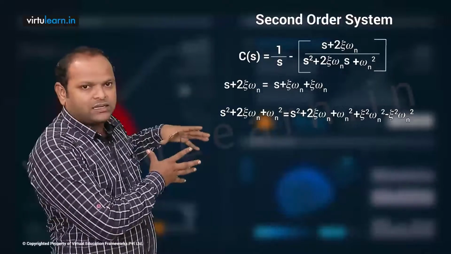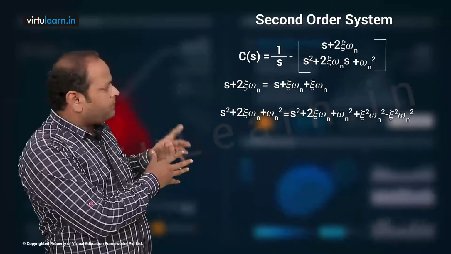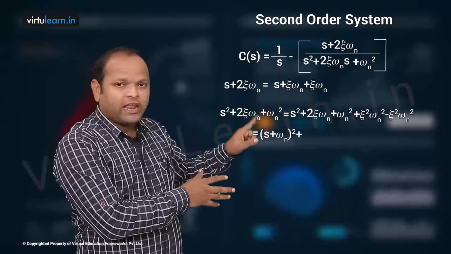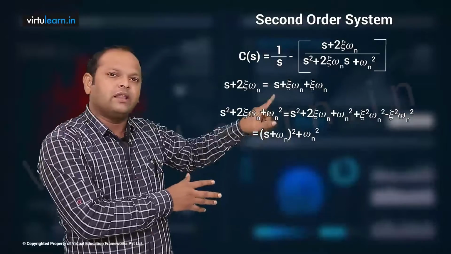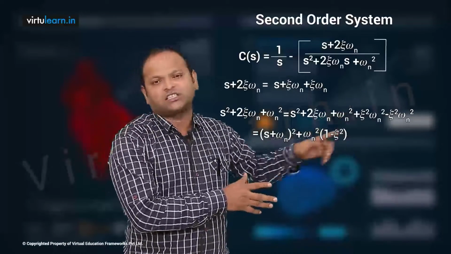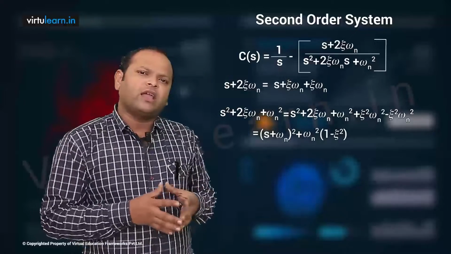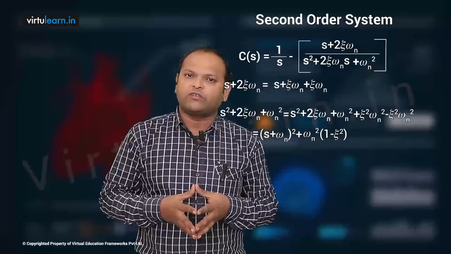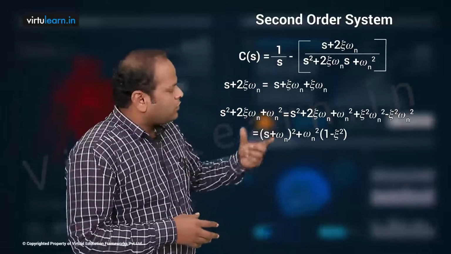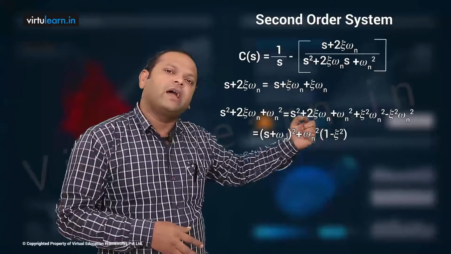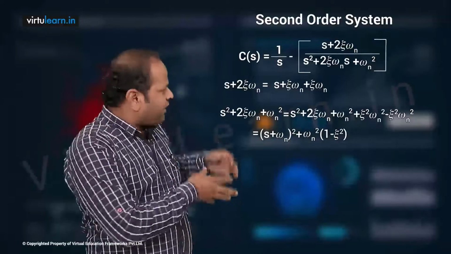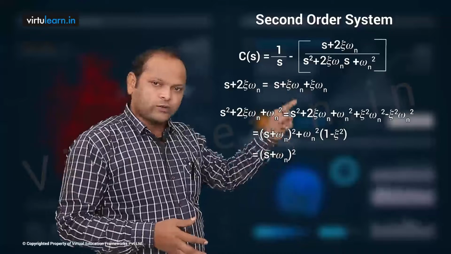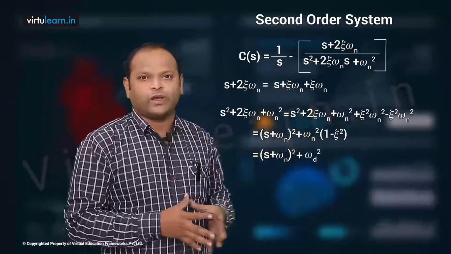So I can write the denominator as s plus zeta omega n whole square plus, if you take omega n square common, 1 minus zeta square. We know already omega n into under root of 1 minus zeta square is the damped natural frequency omega d. Now this term becomes omega d square. So finally the denominator is s plus zeta omega n whole square plus omega d square.